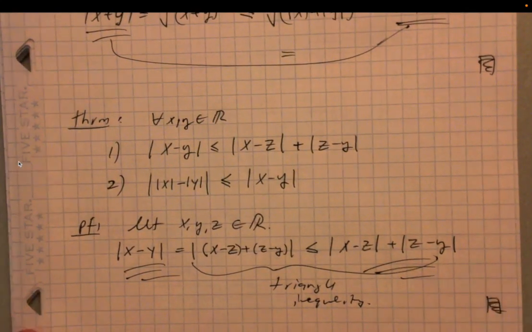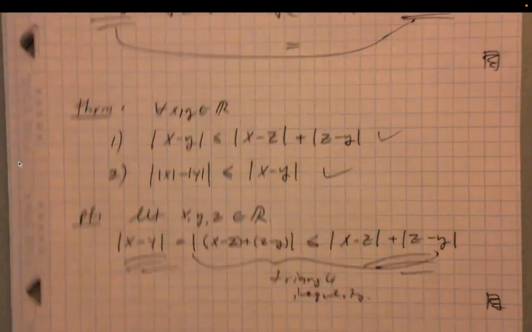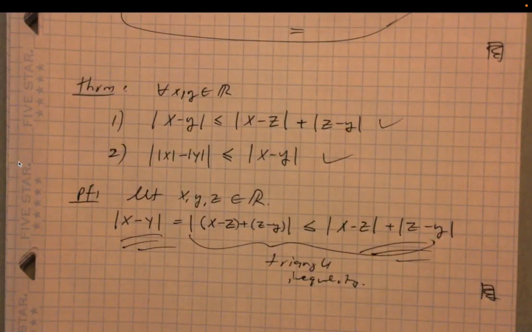Okay, and so these are two that we'll use regularly. The triangle inequality we'll use all the time. These two will come up as well quite a bit. Right, and so all of this is important because we need to be able to reason about distances.